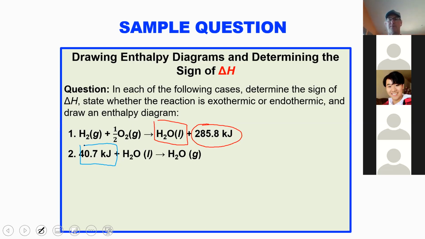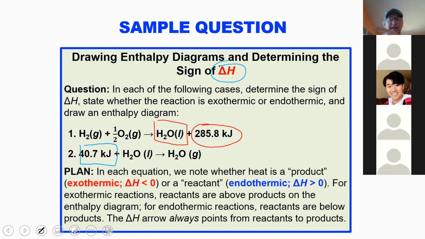So how would we determine the sign of delta H in these two examples? In each equation, we note whether heat is a product coming out. That would be an exothermic reaction. In an exothermic reaction, delta H is less than 0, because heat is being released from the system to the surroundings.